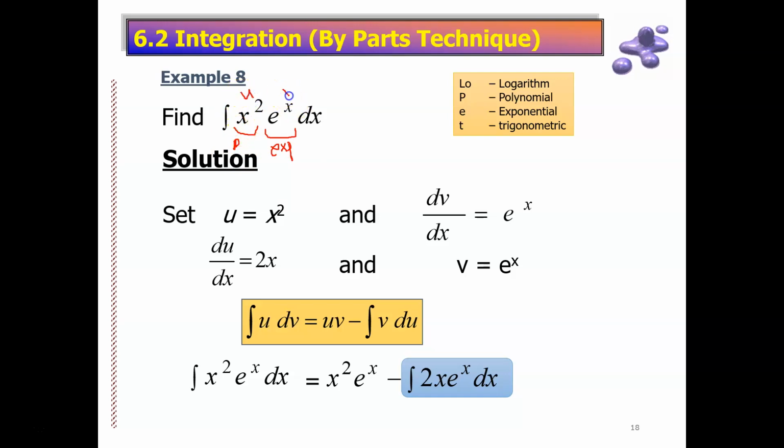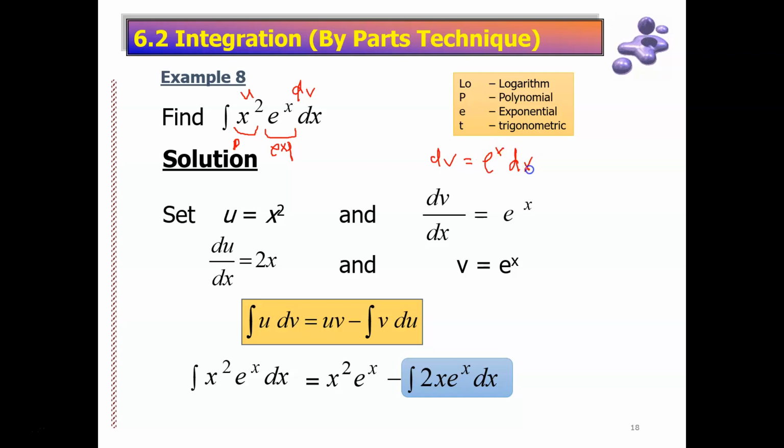So, the rest will become our dv. This will become our dv. Okay, set u equal to x squared and dv kita tu adalah e to the power of x dx.